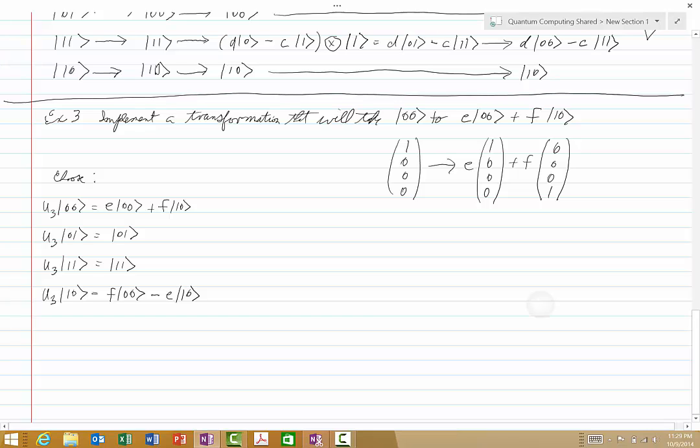And of course the matrix then for this would be U3 equal to the matrix with entries E, F, 0, 0 in the first rows, and F, minus E in the others, with the stipulation that this will be a two-level unitary matrix as long as the square root of the magnitude of E squared plus the magnitude of F squared is equal to 1.